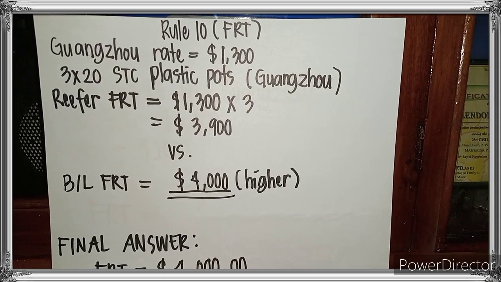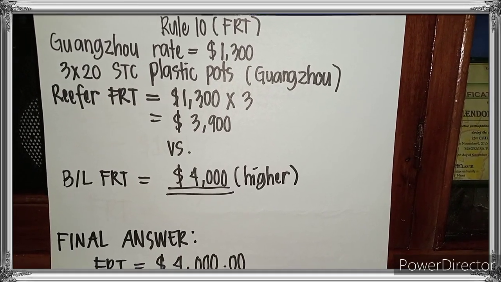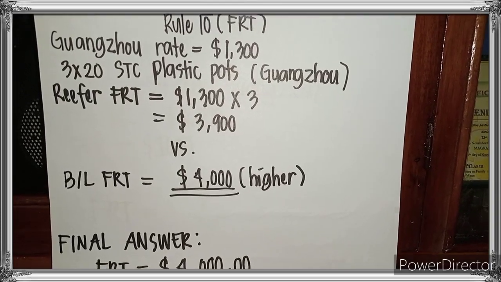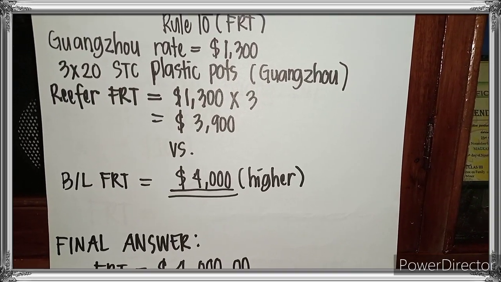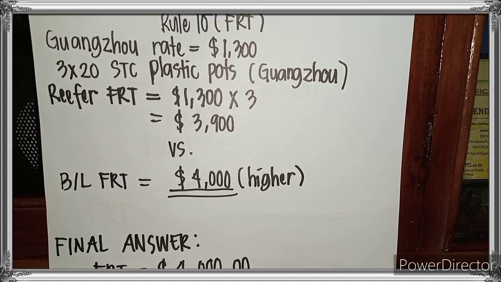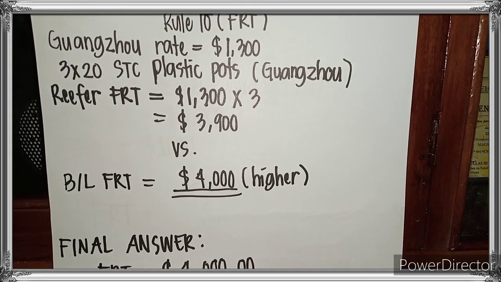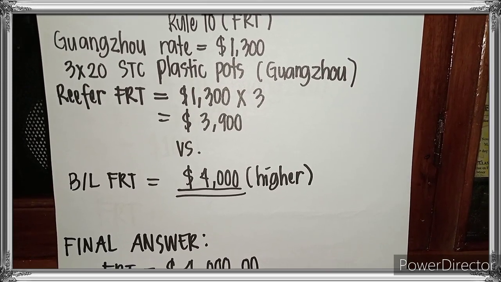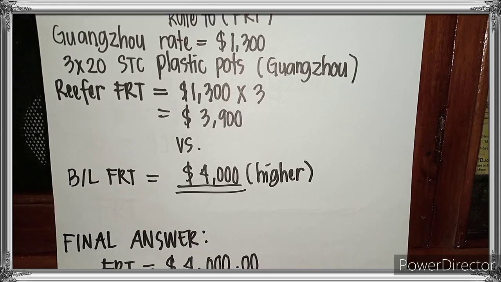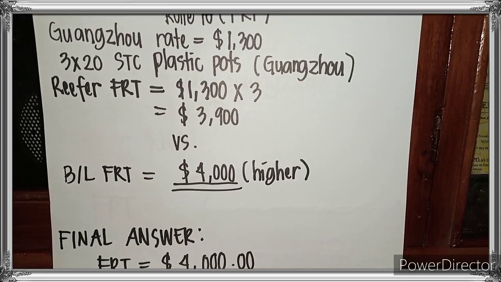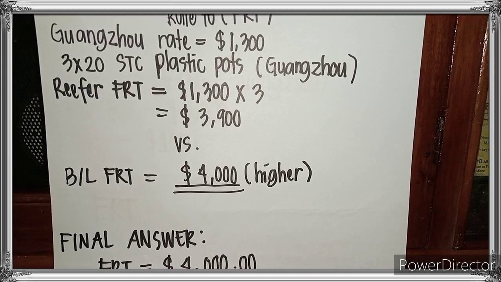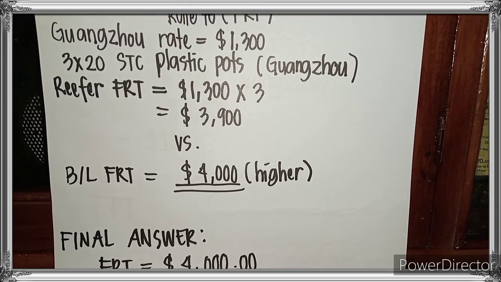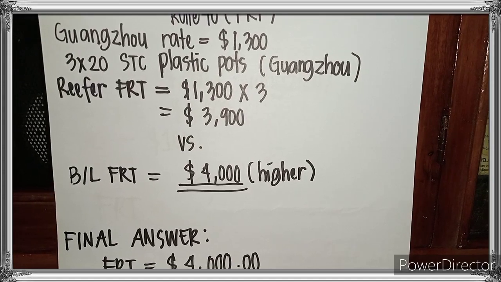In order to find the freight, we will apply Rule 10 freight. The origin in the problem is Guangzhou, and the Guangzhou rate is 1,300. It is a 3x20 STC plastic pot from Guangzhou, so the reefer rate is 1,300 times 3, which is $3,900.